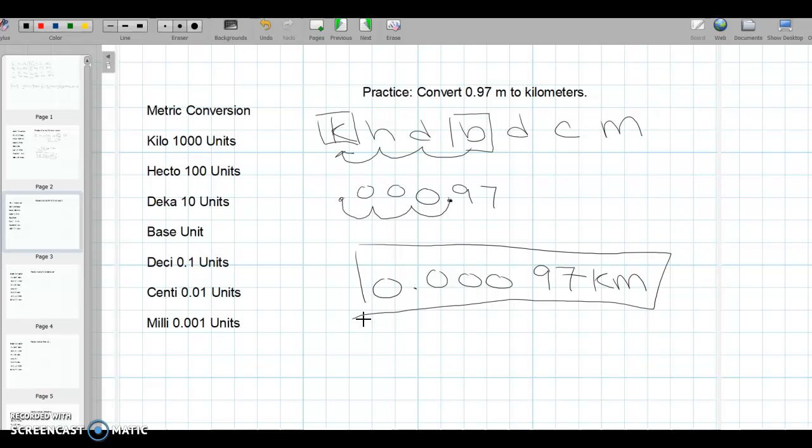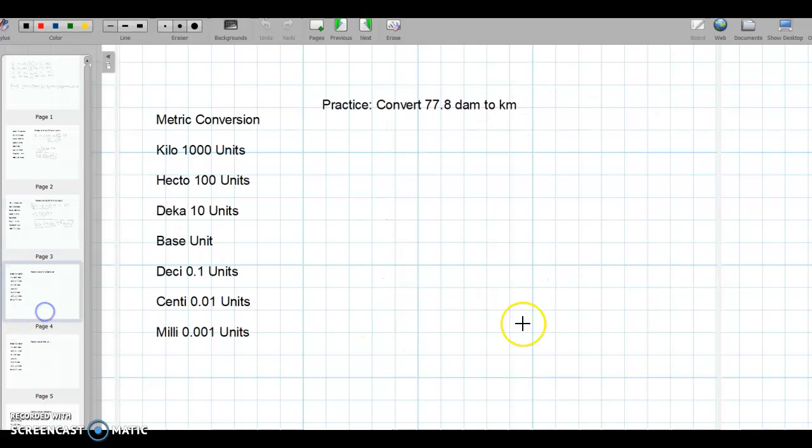Okay, let's try another one. All right, so we have 77.8 decameters and we want to convert it to kilometers. So again, our fancy dancy song, King Henry died by drinking chocolate milk.